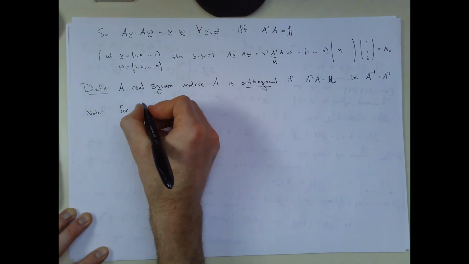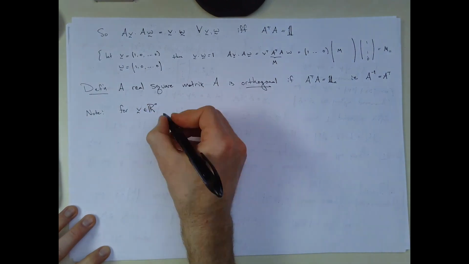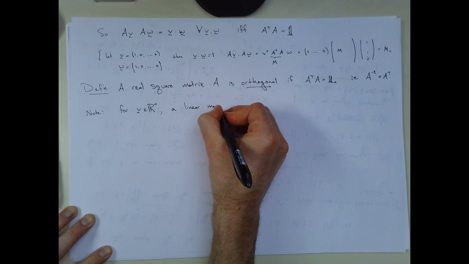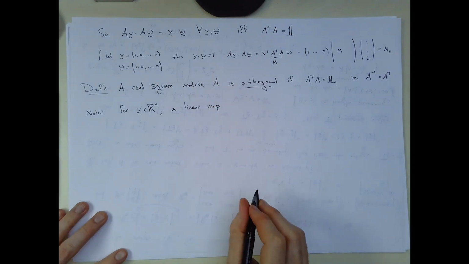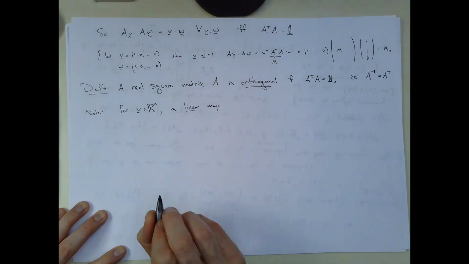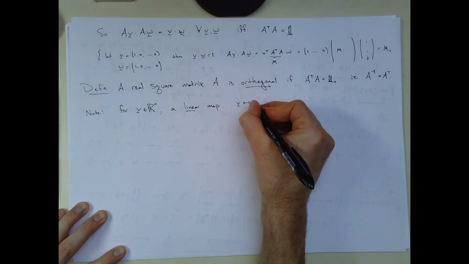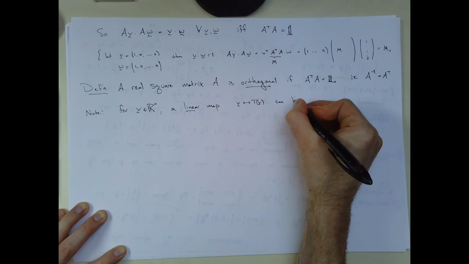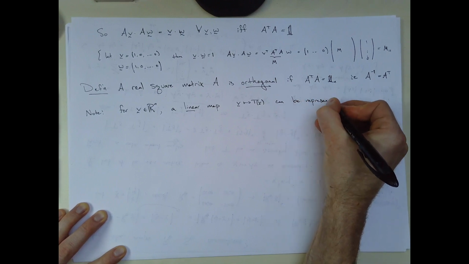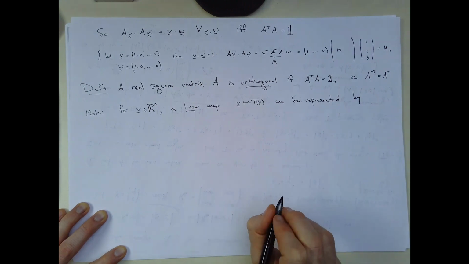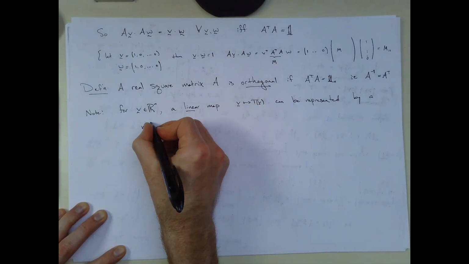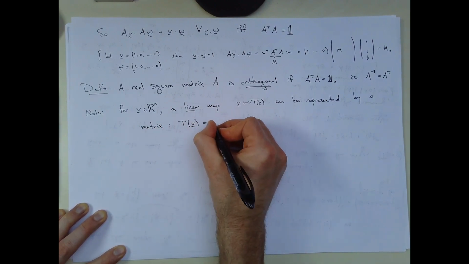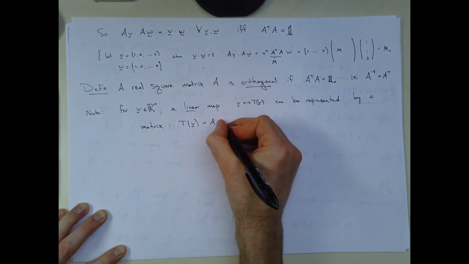So if I take a vector V in Rn, a linear map V to TV can be represented by a matrix, i.e. T of V is some matrix A times V. Right?